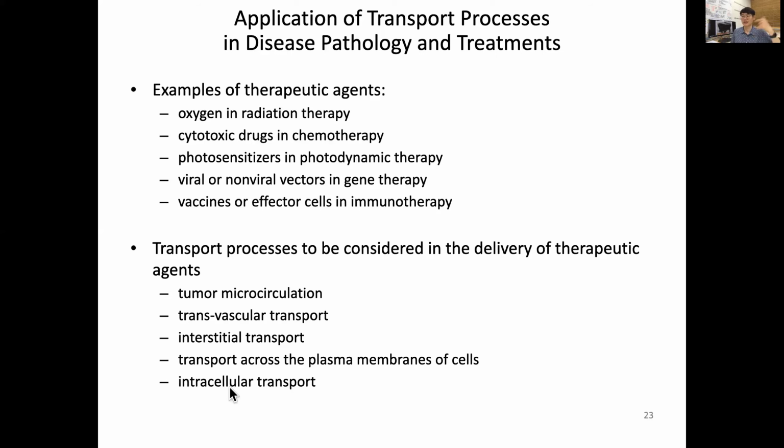And once it gets inside the cell, intracellular transport. So you look at these multiple layers, or hurdles, for effective transport of a therapeutic agent to really take effect on the cancer cells. So that's such an important issue we can think of for practical therapy.